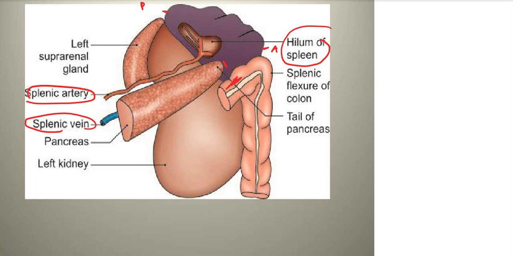This is transverse colon, this is descending colon, and this is the flexure called splenic flexure of colon. Due to splenic flexure of colon, there is an impression on spleen called splenic colonic impression.